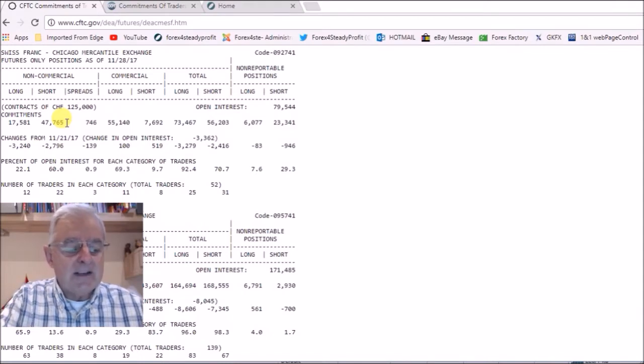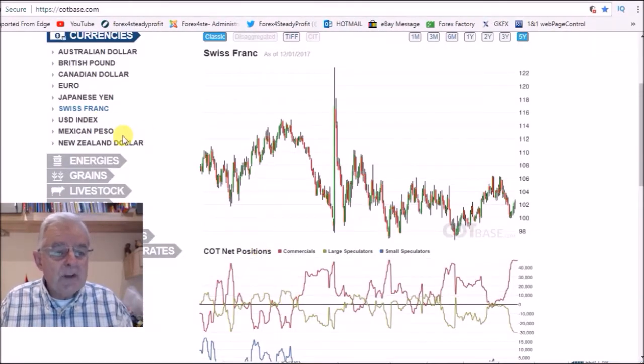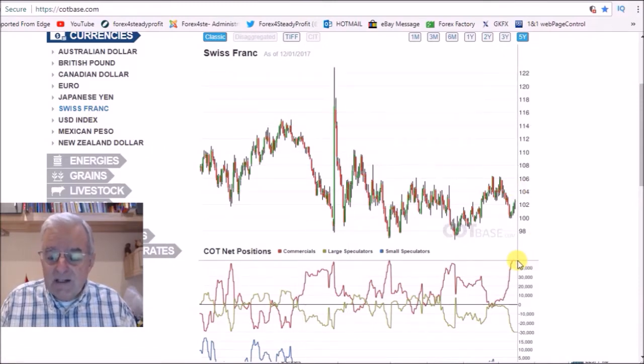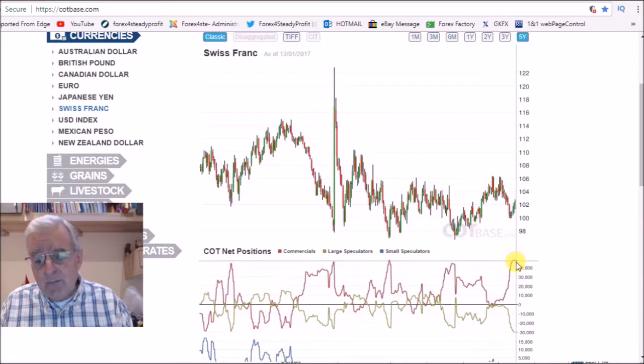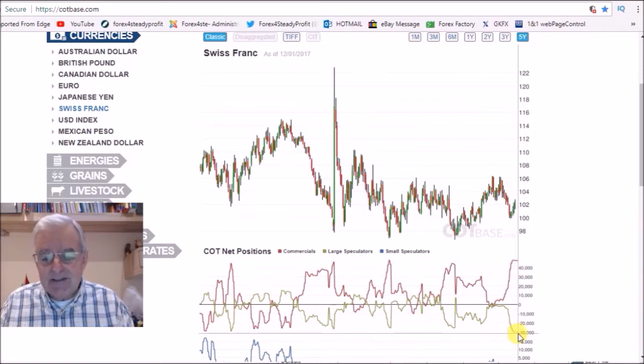Okay, so this is the Swiss franc, and this is a graph of the commercials, which are in red, and the speculators, which are in green. And as you see here on the graph, the commercials and the speculators have taken directly opposite positions.